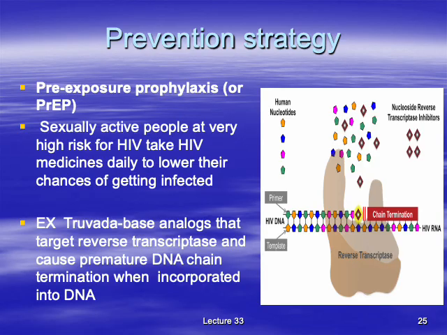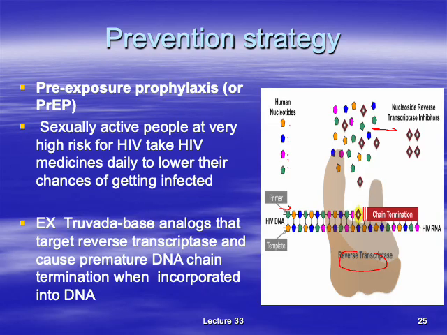So here's our reverse transcriptase. It's shown here in this picture, and usually it takes HIV RNA, and before it can be integrated, it needs to be converted to DNA, right? And so here are the human nucleotides. These are in the cell of the human being. Truvada is given. Truvada is here.